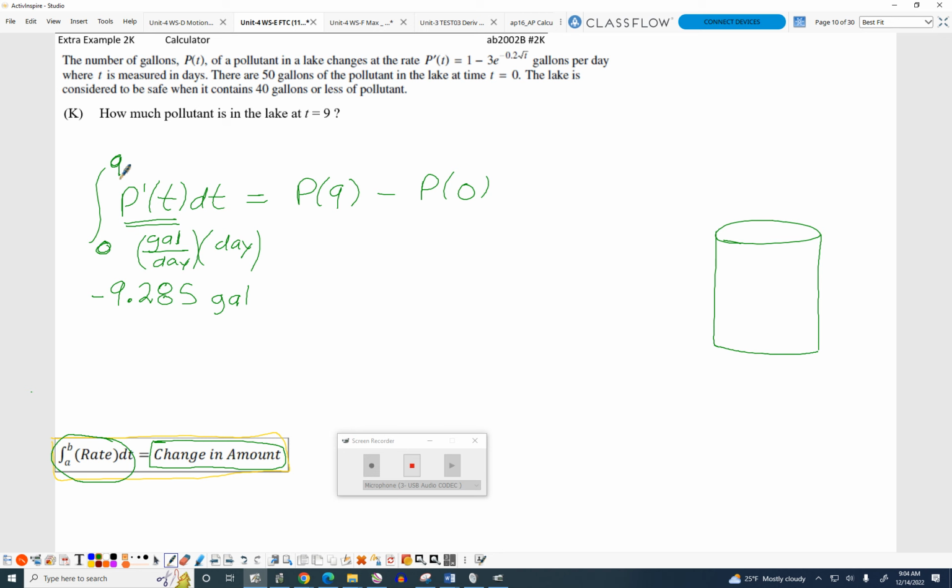So this cannot be an amount in the tank, because that would be at a given moment. This is how much the amount changed over a time period. So if I'm drawing the tank, I would do this. I'd say, well, here's the level in the tank at time equals 0. And that level right there, that's 50 gallons.